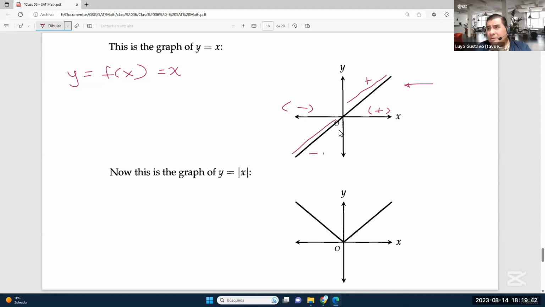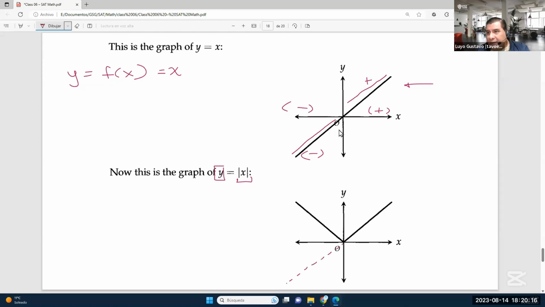So, is that possible for the absolute value of some function? No. For example, if we take the absolute value of x, then since y is the absolute value of x, y can never be negative. Since it can never be negative, in the region where the values of y were supposed to be negative, that is on the left side of the x-axis, it needs to be reflected.